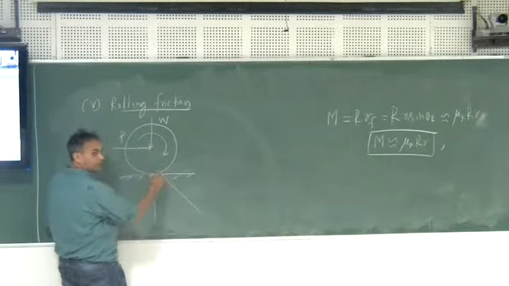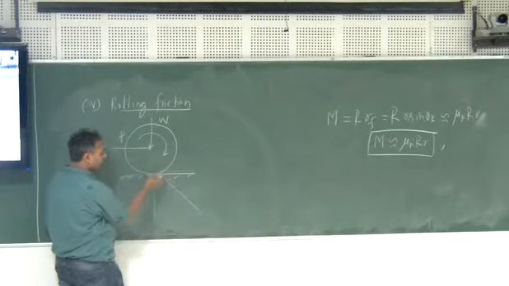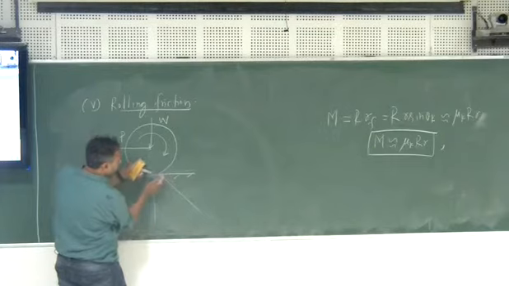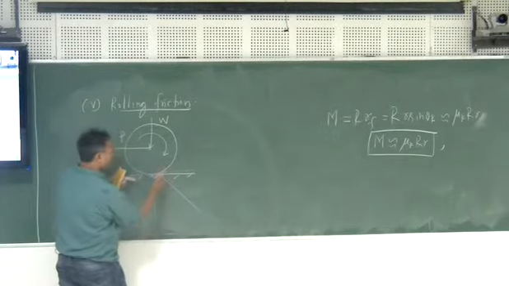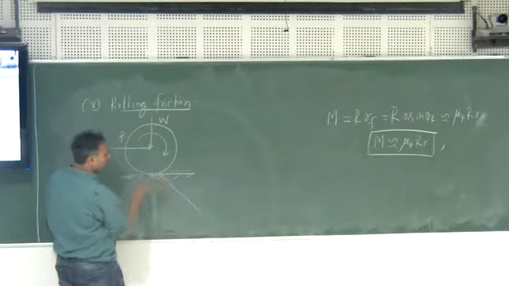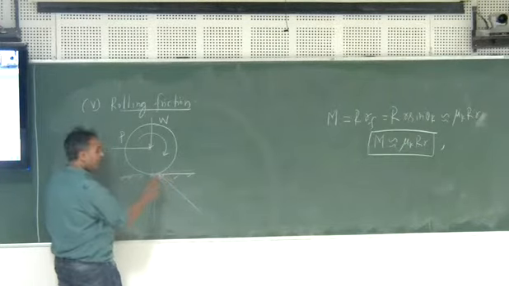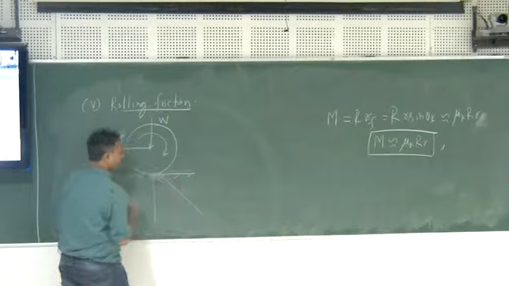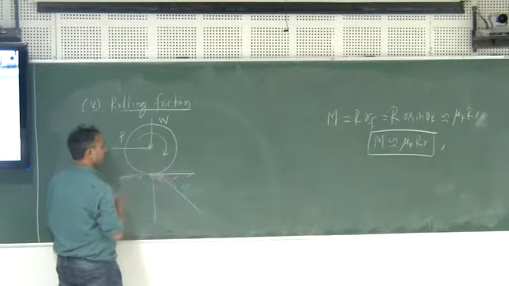This distribution will change. The contact region will increase, and here, since the deformation is happening, there will be more pressure, and here there will be less pressure. So the resultant normal in the case of a deformable object will be, let us say, N, which is making an angle.